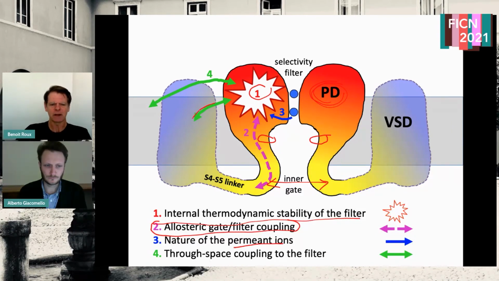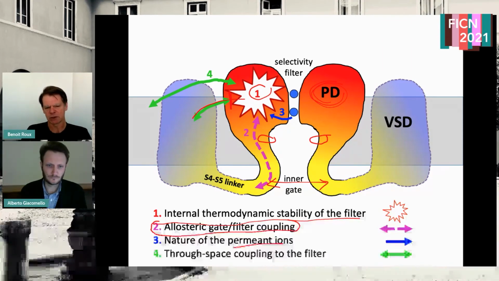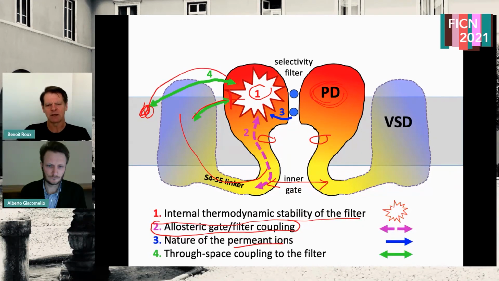There's also some direct effect of the voltage sensor to the outer side of the pore domain that can have some effects. And so there are mutations sometimes in the voltage sensor that will directly affect inactivation. Some of it could be also through the linker and the allosteric gate. Some of it could be through space. And if you change also some things about the lipids or the membrane constituents, you could through space affect what's happening to the pore domain.